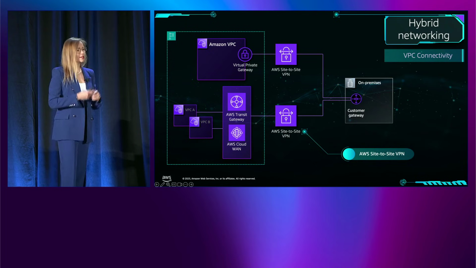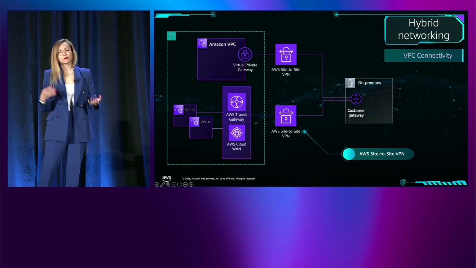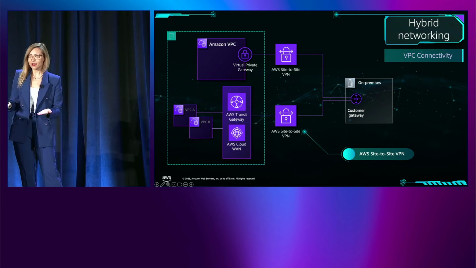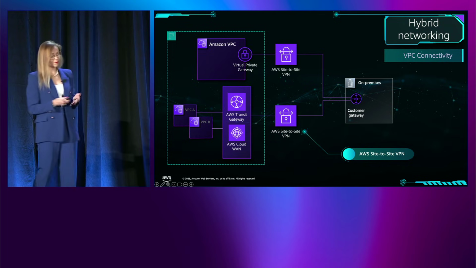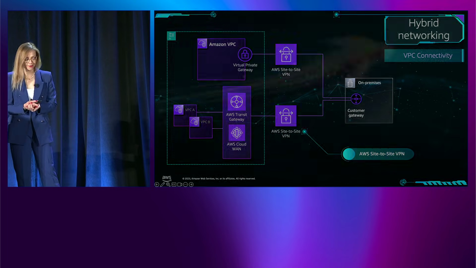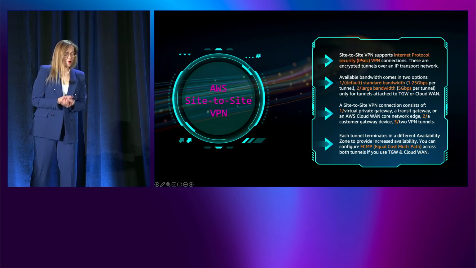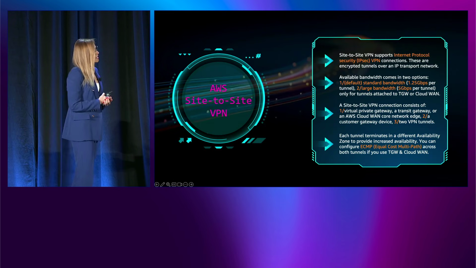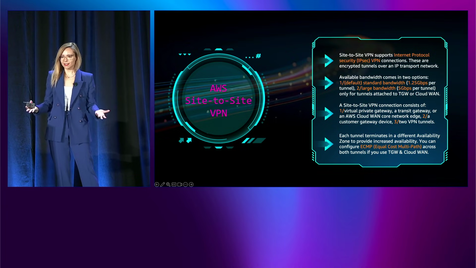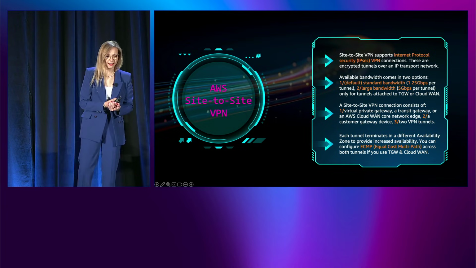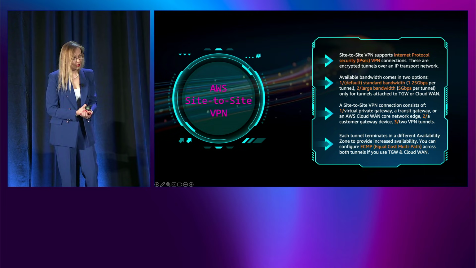And if you are using regional or global routing constructs like Transit Gateway or Cloud WAN, you would be attaching these VPN connections to these constructs. Now, a bit more on VPN. Site-to-site VPN supports IPsec, so essentially it's a well-known standard protocol.